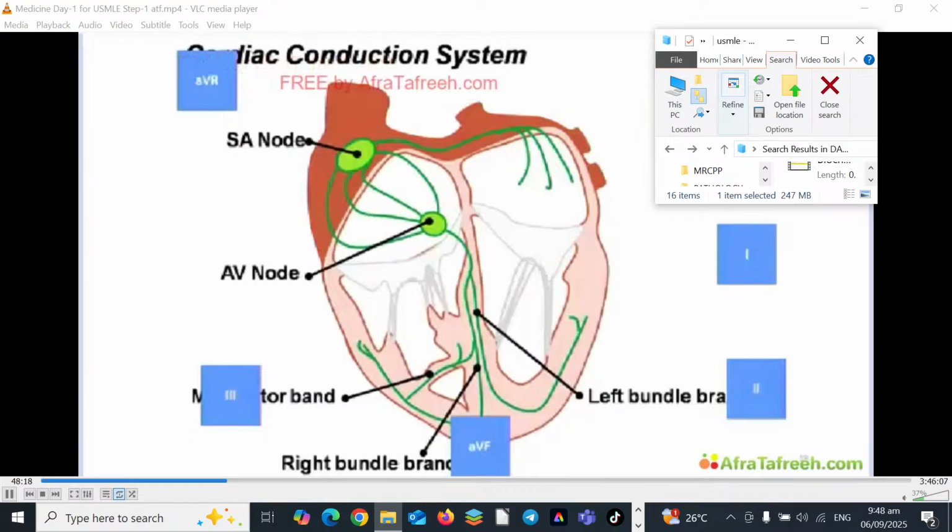So here the electrode which is not visible would be AVL. Alright, I hope you understand what we are trying to do right now. So what we are trying to do is place the heart according to all your electrodes. Is it visible?